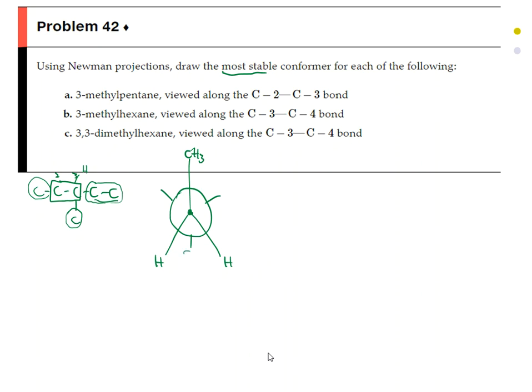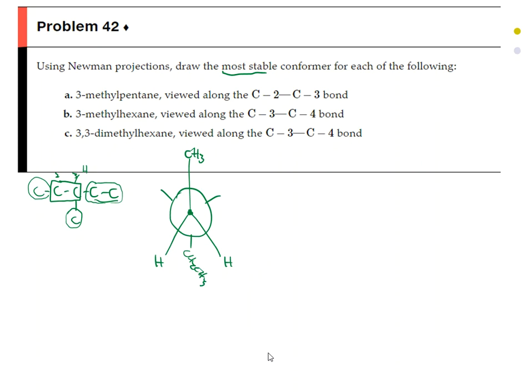So because of that, CH2CH3 should be in this location, anti. This is the staggered conformer that it prefers to be in. So there's one of the groups, and that biggest group is furthest away from the group on the front side. So that sets the template up.